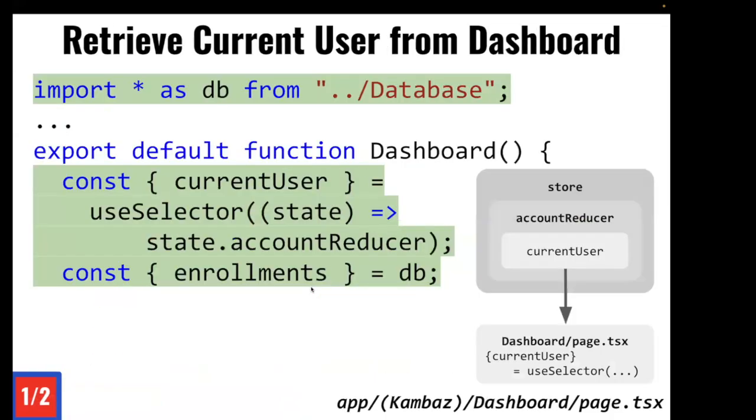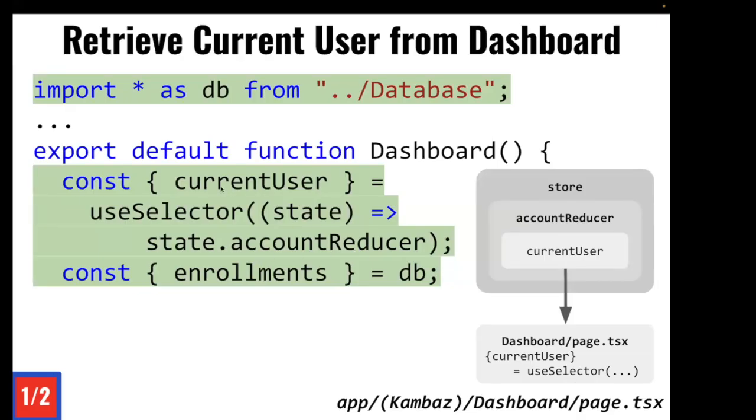Okay, so now that we have the sign in done, and we have determined that the user is logged in and we've stored it in the current user, now from all the other screens, including the dashboard, the modules, the courses, anywhere, we can pull down from the reducer, from the store, the current user by selecting from the account reducer.